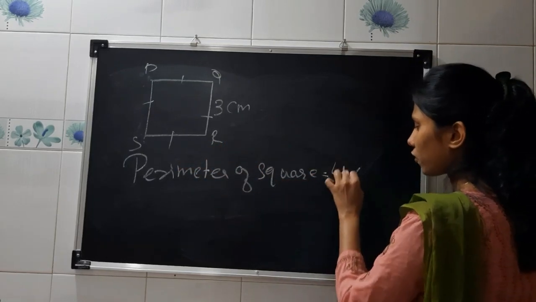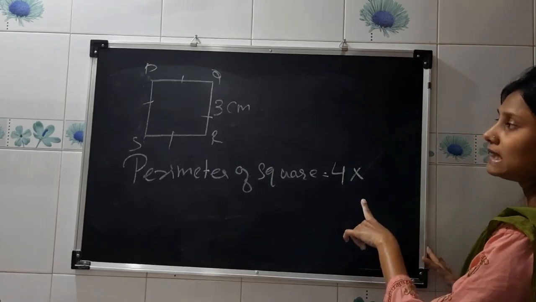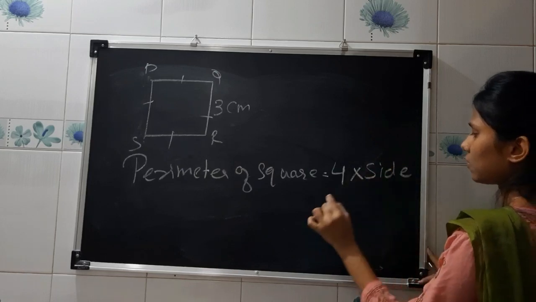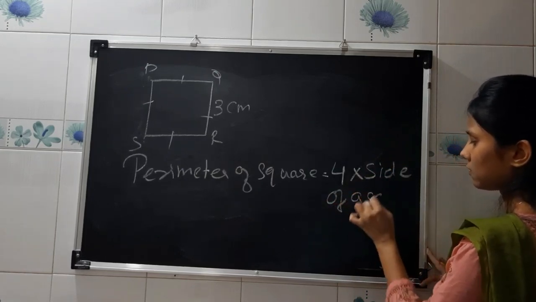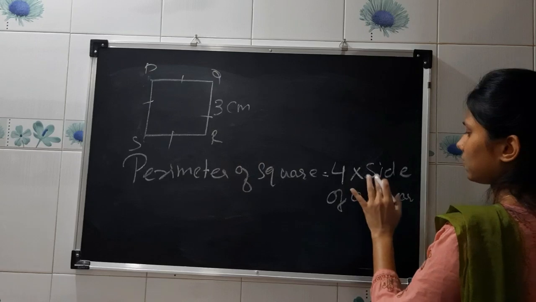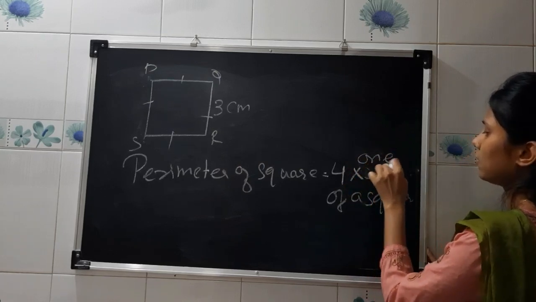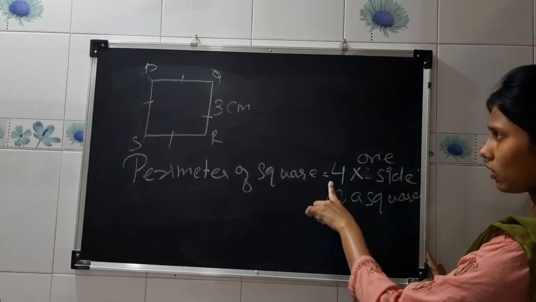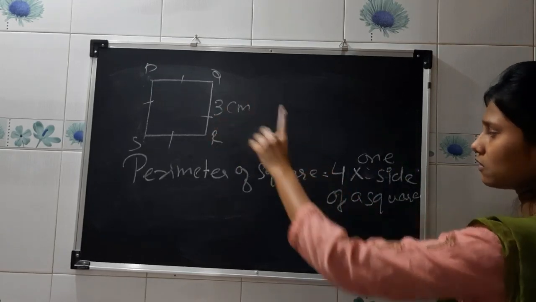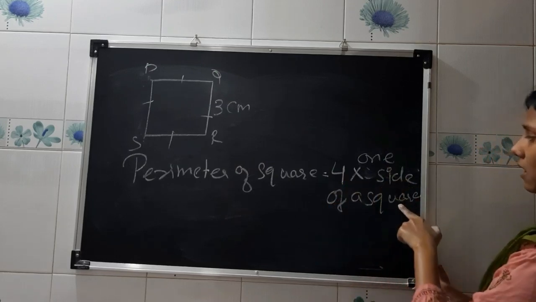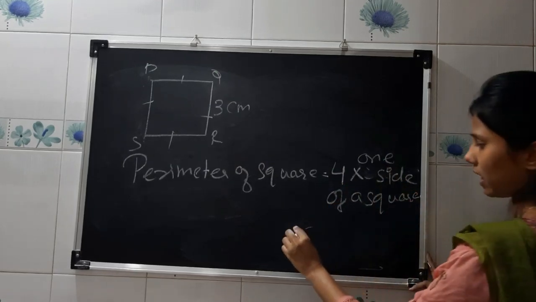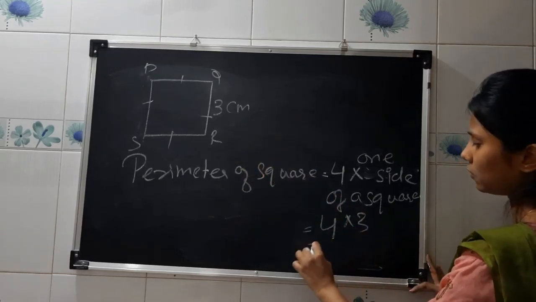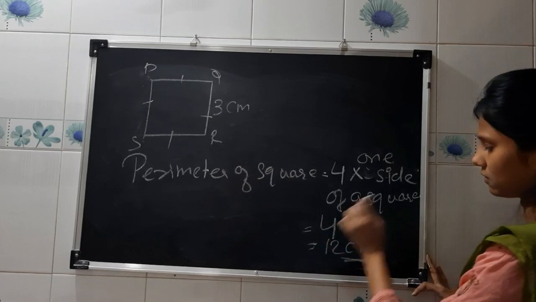So 4 sides multiplied by the length of one side. 4, that is the number of sides a square has, multiplied by the length of one side of the square. So the perimeter of a square is 4 multiplied by 3. You will get the answer 12 centimeters.